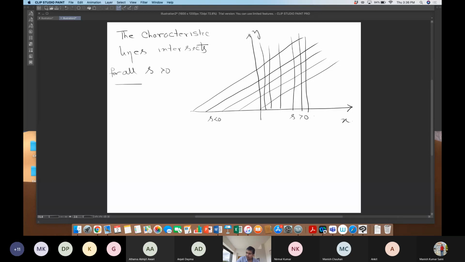That means here for s positive in this space, all the characteristic lines intersect.